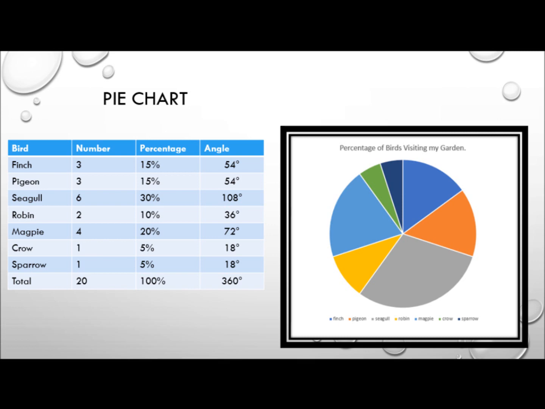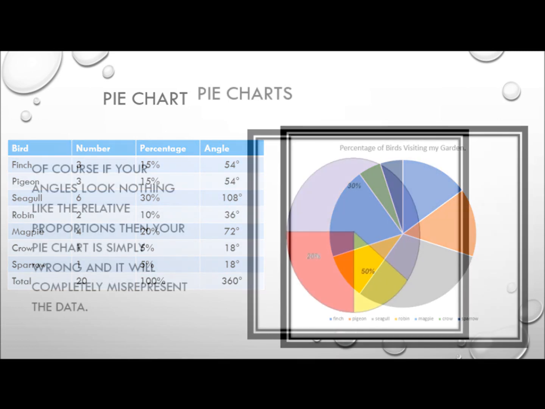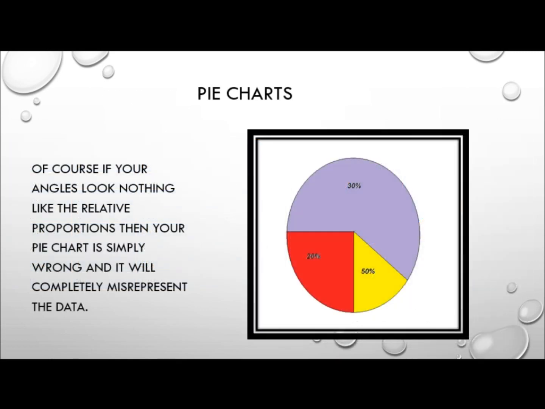Use your best judgment as to where to shave off an angle here or add an angle there to normalise it to 360 degrees. Again, nobody's going to quibble over plus or minus a single degree on a pie chart. Of course, if your angles are way off, people are going to notice. Your angles must look vaguely like the relative proportions.